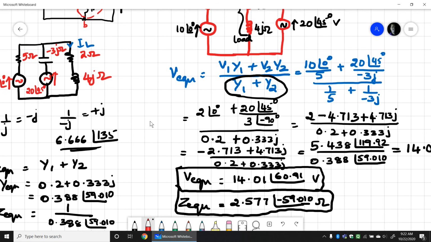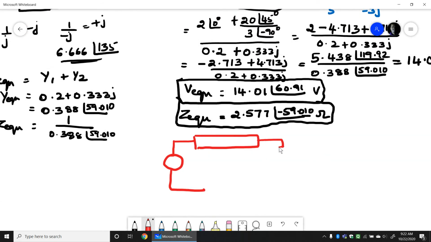In the question it is given as 2 ohms and 4j ohms, so we can easily say it is 2 plus 4j ohms. Now I will write the 2.577 in rectangular form: shift rectangular of 2.577 comma minus 59.010 will give me 1.326 minus 2.209 j.